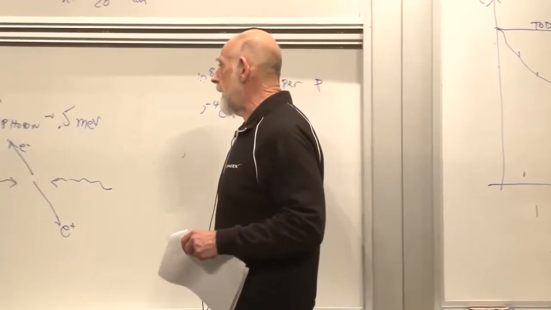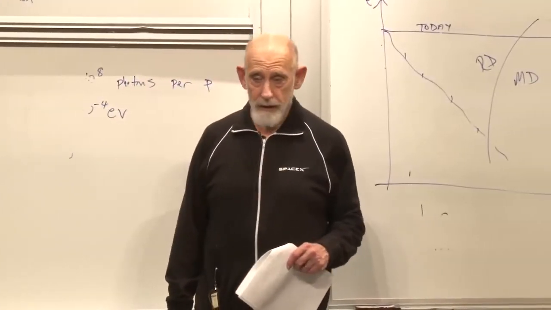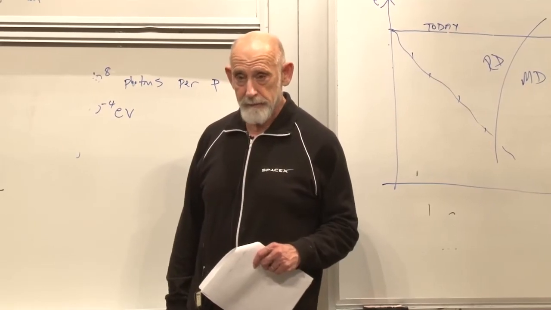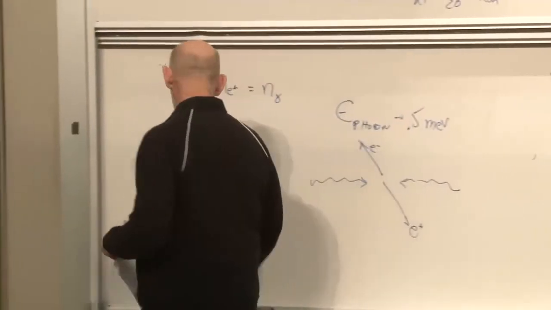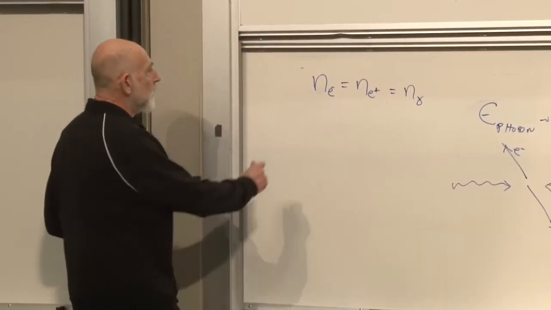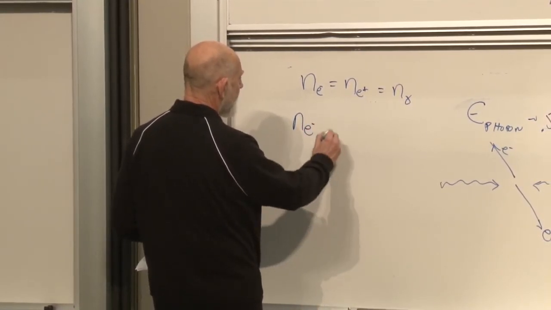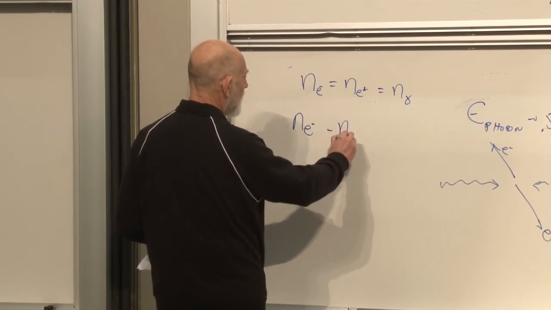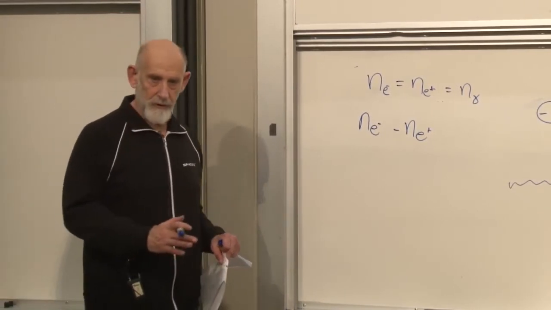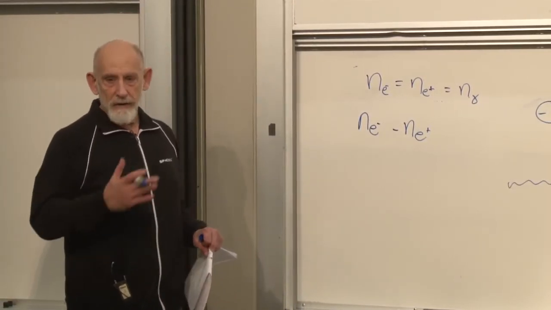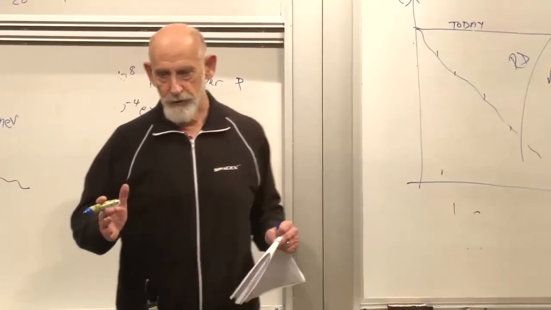And remember that this number is about 10 to the 8th times larger than the number of electrons today. The implication of that is something like this. The number of electrons minus the number of positrons, that's the excess of electrons over positrons. That doesn't change as the universe cools.